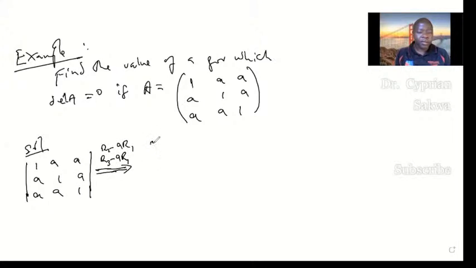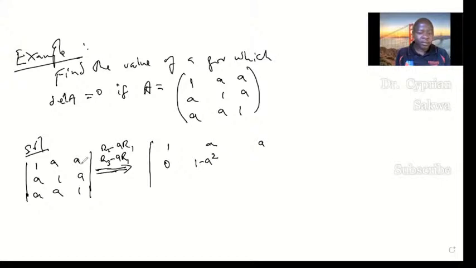If that happens, then what I would have is, let me just space them a bit. r times this one, subtract from this, I would have a 0. r times this, r, subtract from this, I would have 1 minus r squared.